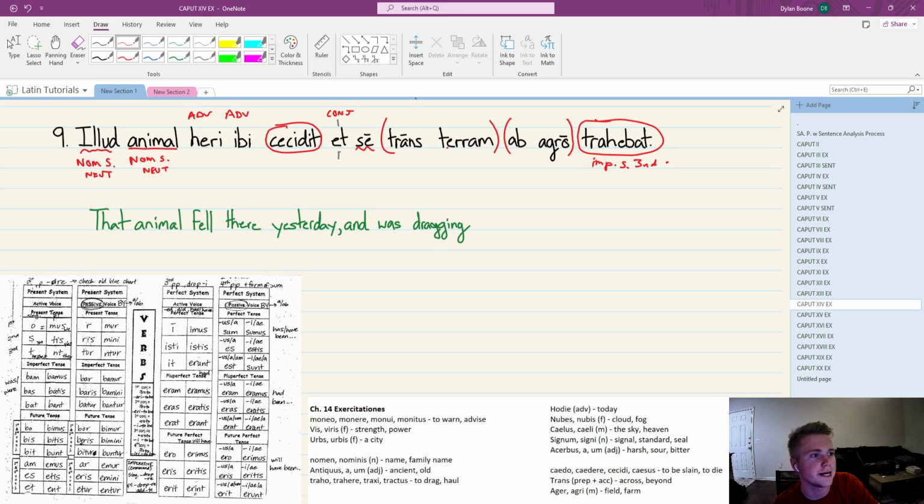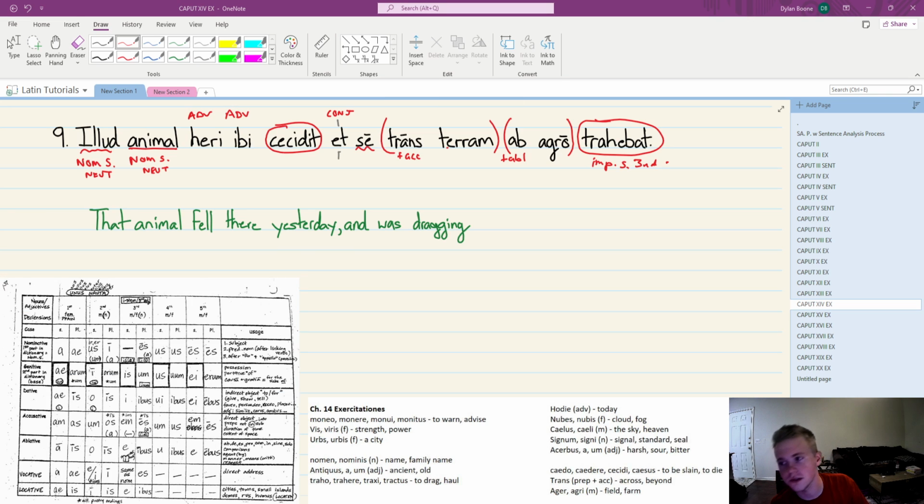And now let's fill in the gaps here. So we have trans takes the accusative, ab takes the ablative, terram comes from terra, terrae, first declension. So the am ending there, it's just an accusative singular, nothing special. And then same thing with agro, agri.